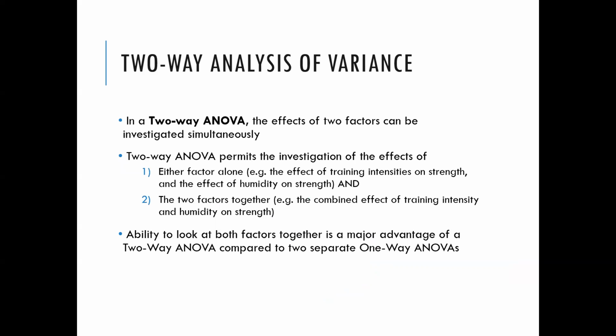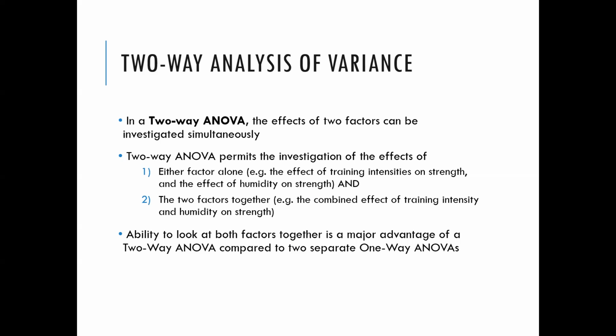In a two-way ANOVA, the effects of these 2 factors can be investigated simultaneously. That is in contrast to having to conduct 2 separate one-way ANOVAs. So the two-way ANOVA permits the investigation of the effects of either factor alone.